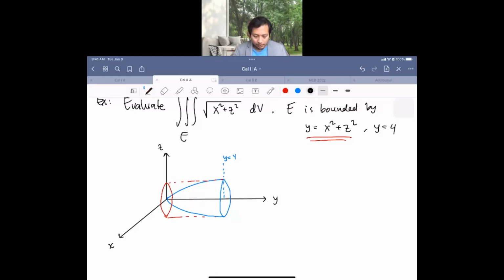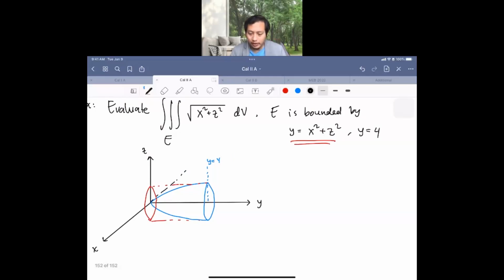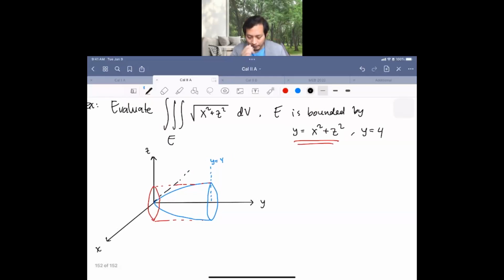So we could start by imagining what the order of the integrations is. Because we start with y equal x squared plus z squared, it should start with dy. And then it can be dx dz, but let me just start with dz dx.